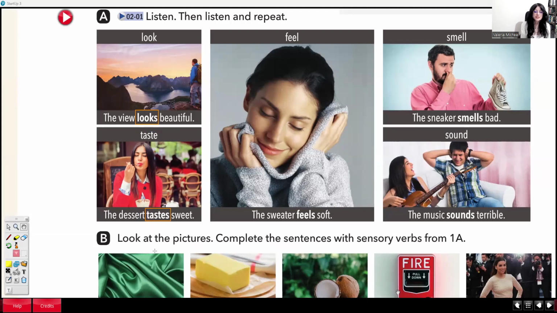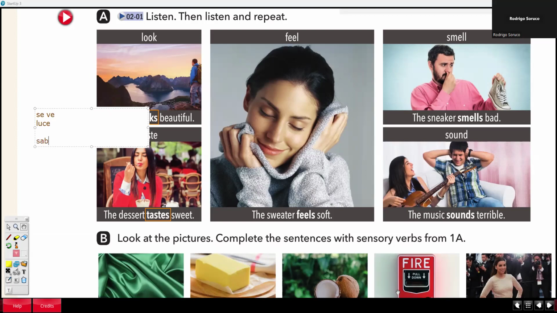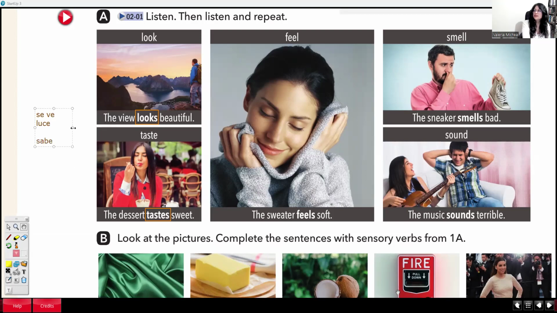The dessert tastes sweet. What does taste mean in this case? Sabe. Sabe de sabor, de saber. Yeah, exacto. Sabe de sabor. Yes, sabe delicioso. Saber, de sabor. Yep.